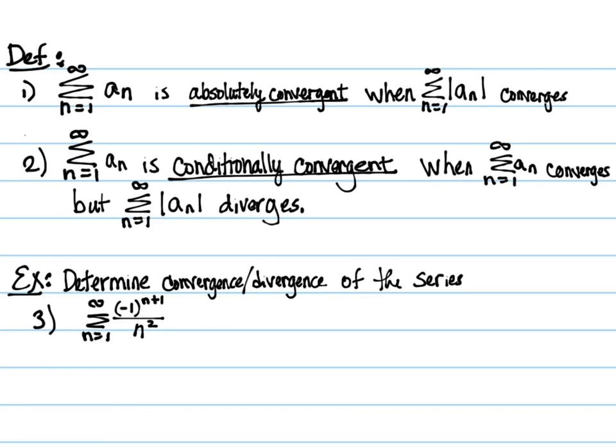You're just as likely to pick the one that's going to end up giving you more work as the one that's going to end up giving you less work, because you don't necessarily know what's going to happen. So I'm going to default to just trying the absolute convergence part first, part 1. And if it requires, then I'll move on to step 2 and try for conditional convergence. So we'll start by checking for absolute convergence.